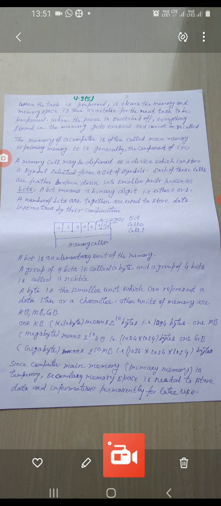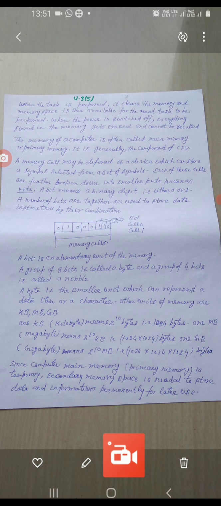When the task is completed, it cleans the memory space, and the memory space is then available for the next task to be performed.